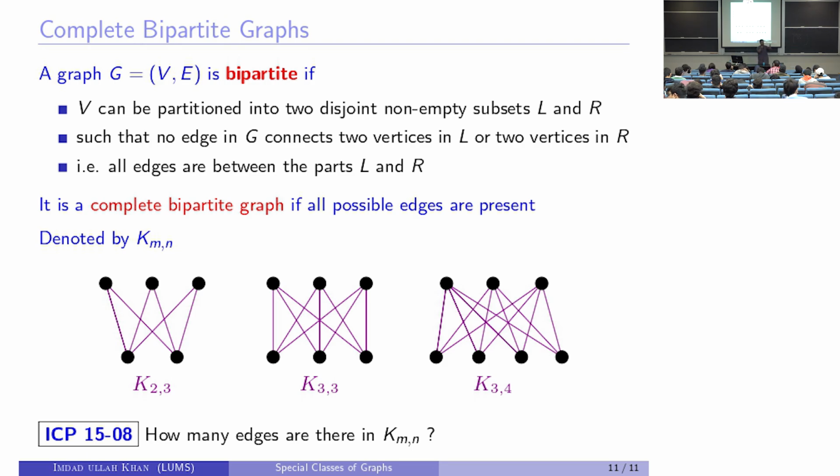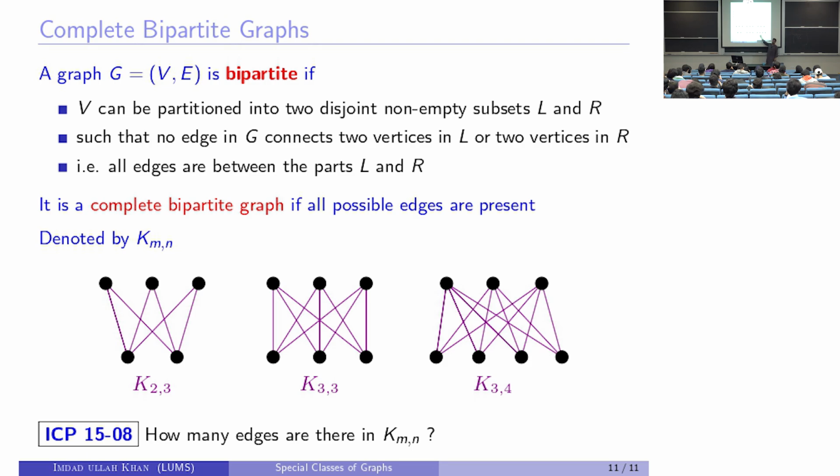Since it's a complete graph, the edge set is completely described once I know how many vertices are in each part. So this is K3,4. What's the degree of every vertex in the bottom set?